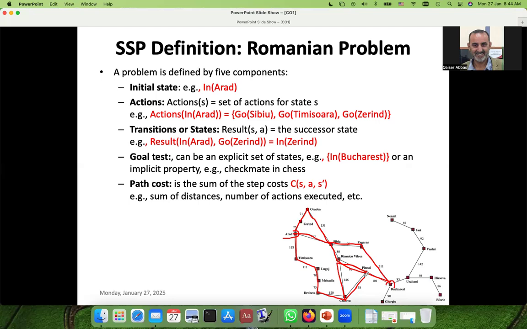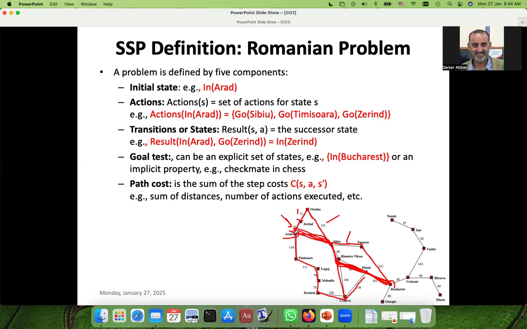But if you add up the values, which are the path costs given here from one city to another, then this route is the shortest one. This is our desired solution.